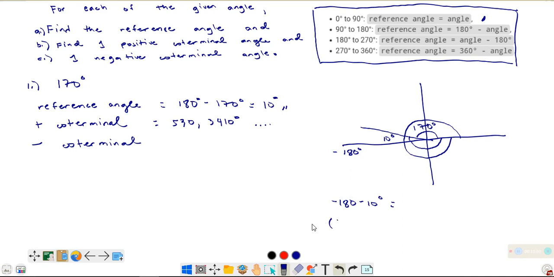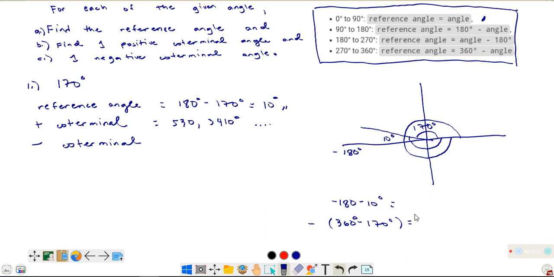So, you have negative 360 minus the angle lacking from our complete revolution, which is 170 degrees. Parehas lang yung magiging sagot.